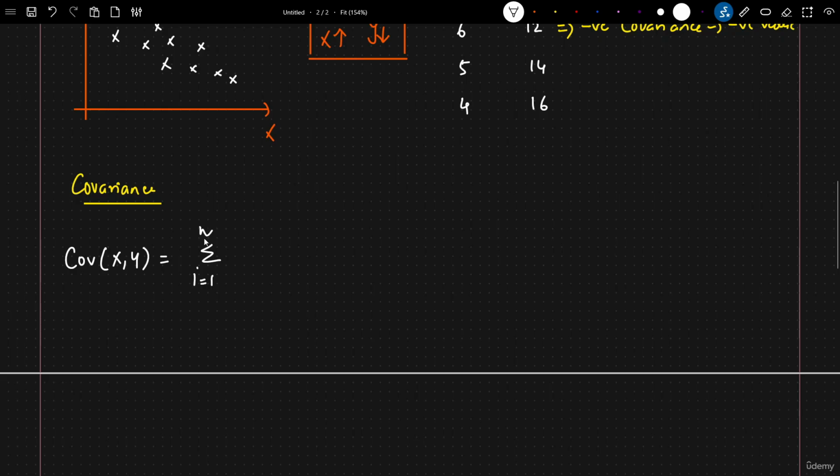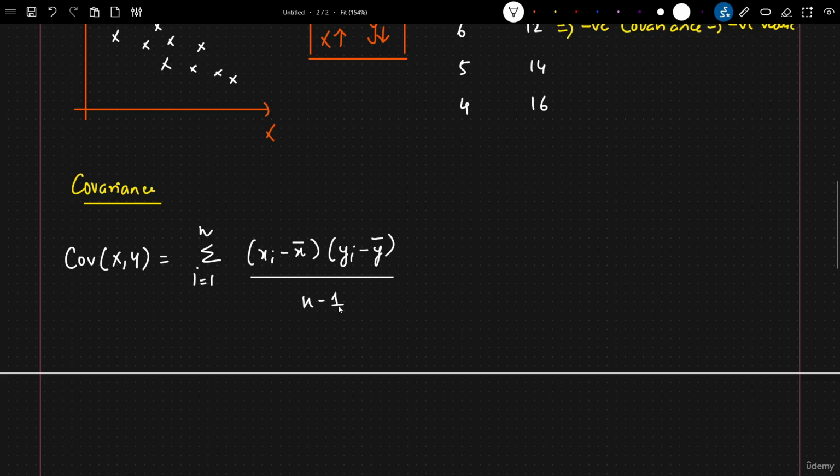I'm just taking a sample size n. I cannot consider the population because it is difficult; we do not have the entire population data. Then here I will write x of i minus x bar, then you have y of i minus y bar, divided by n minus 1. So this is the entire formula for covariance.